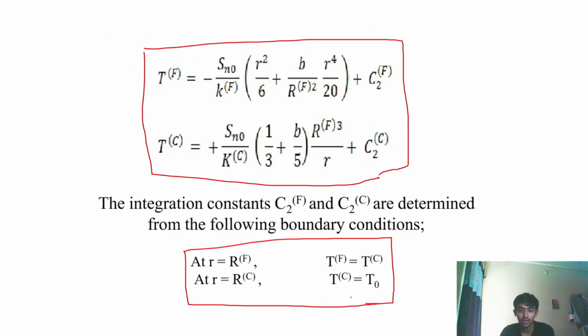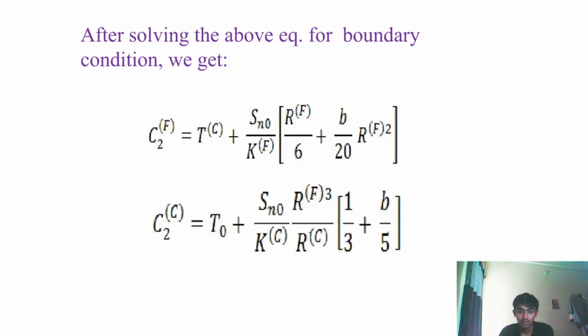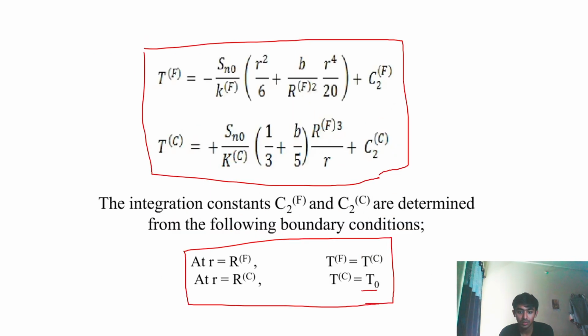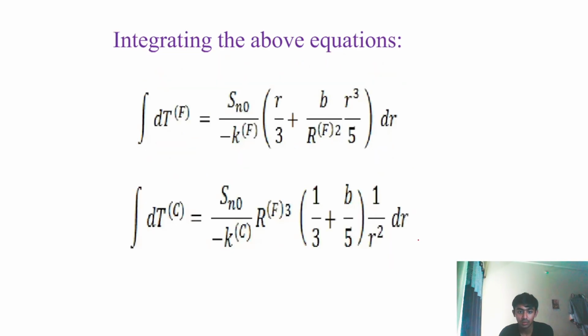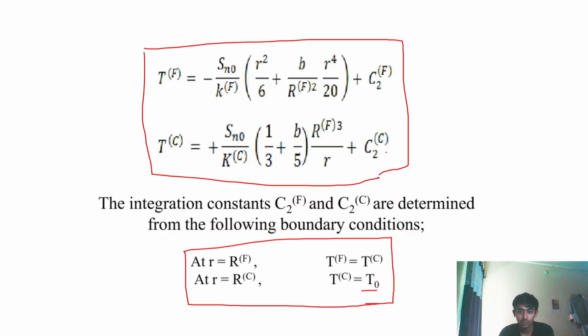If we equate Tf and Tc here, we get this from the equation Tc equals T0, and then we will find the Tc by putting this C2 value from here. So we will get the Tc equation, and by equating Tf and Tc, we will find C2f.